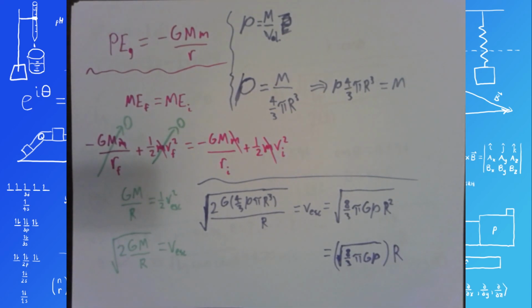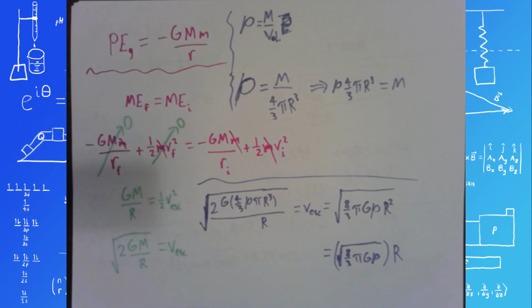Times r. Escape velocity is directly proportional to the radius of the planet. Of course, the misleading part of this is that the conclusion would have you believe that the radius of the planet is the only thing to take into account. You might think, oh, well, now I can just compare two planets and the planet with the bigger radius is going to have the bigger escape velocity.